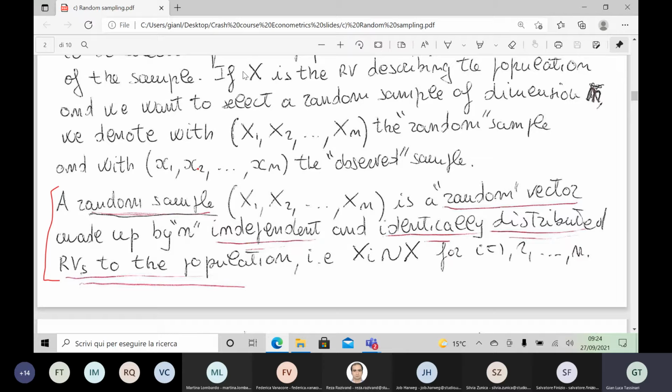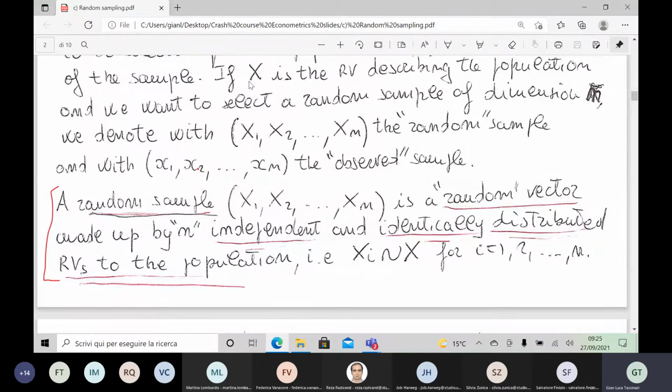To simplify, to understand better, suppose that X is the random variable describing the gender of the Italians. Suppose we consider only male and female. And suppose that you know that 70% of the Italians are female, and 30% are male. Only to make an example, a stupid example.